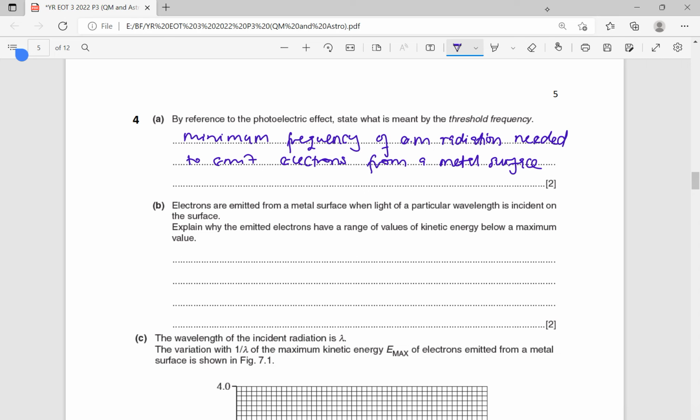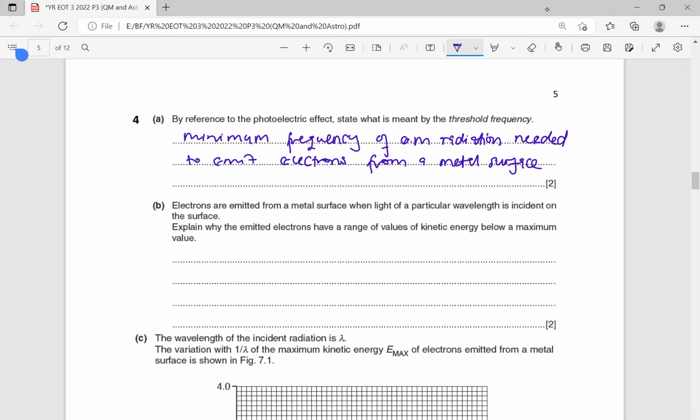The frequency of electromagnetic radiation below which no photoelectric emission occurs is also the threshold frequency. That frequency of the electromagnetic radiation below which no photoelectric emission occurs is called the threshold frequency.